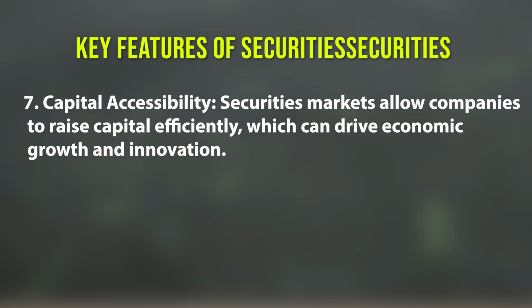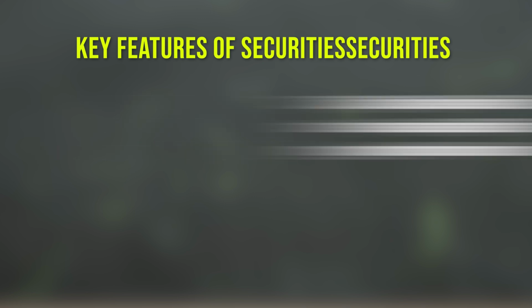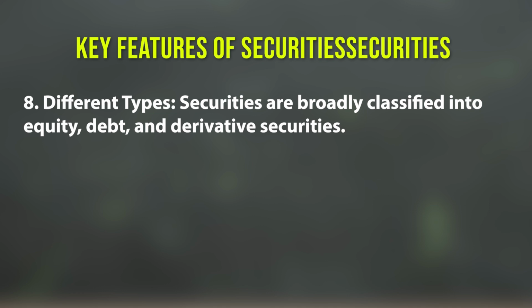Another one, seven, capital accessibility. Security markets allow companies to raise capital efficiently, which can drive economic growth and innovation. Next one, different types. Securities are broadly classified into equity, debt, derivative securities, and last one, hybrid securities.